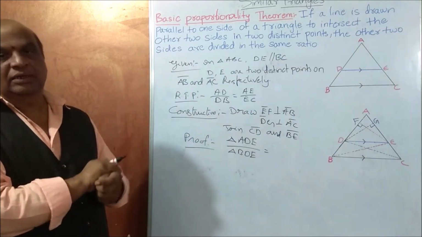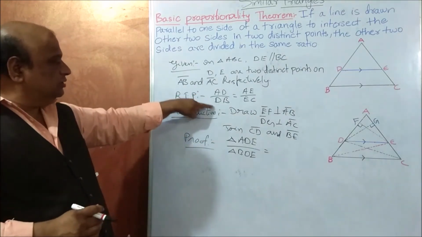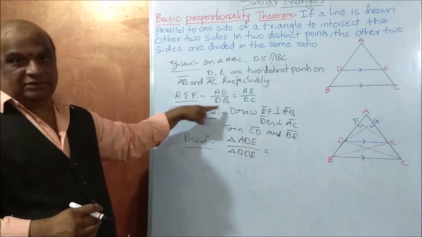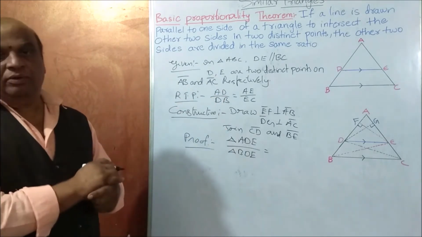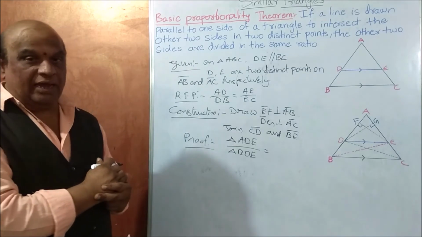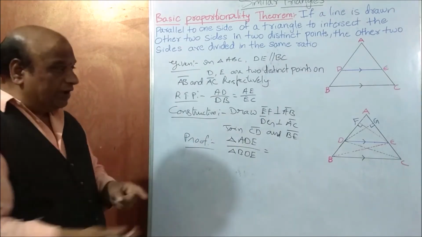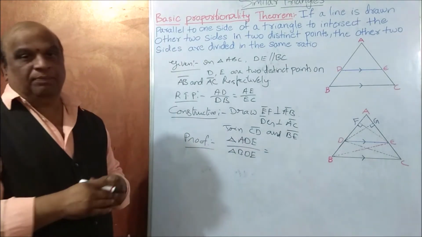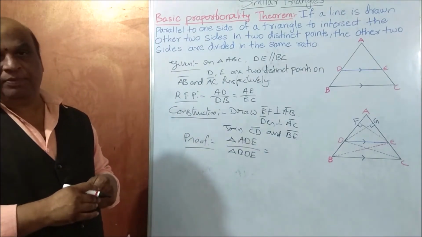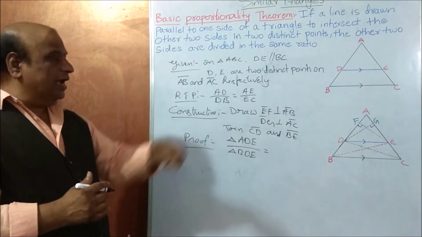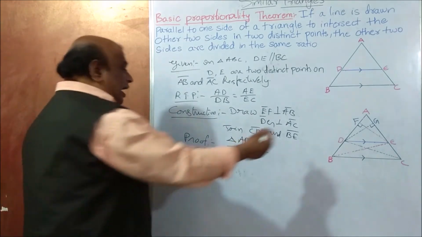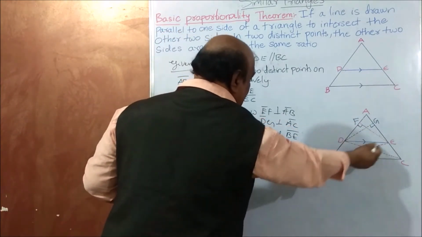How to select the triangles according to this requirement? Here ADE. We know the area of the triangle is half into base into height. That's why we draw the perpendiculars. In the ADE triangle, this is the ADE triangle.